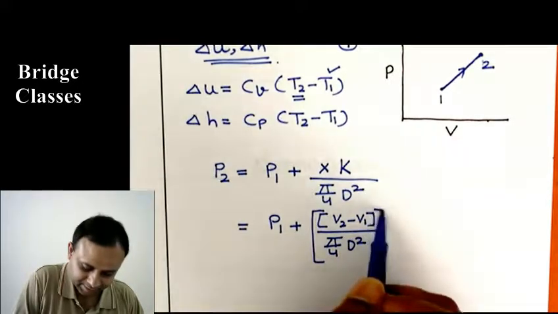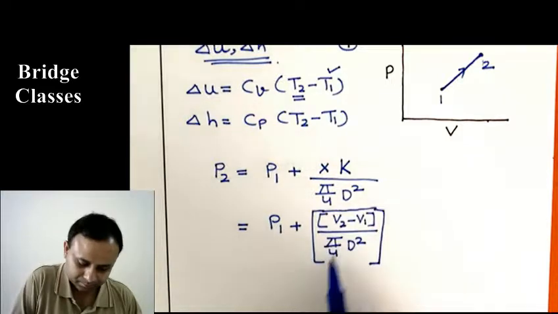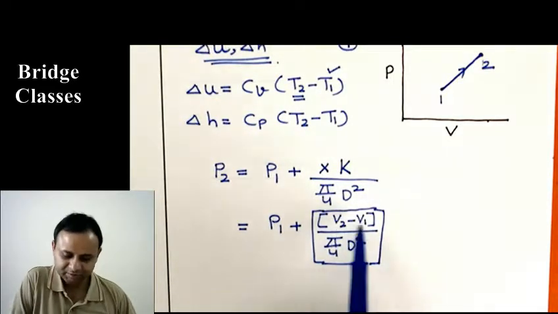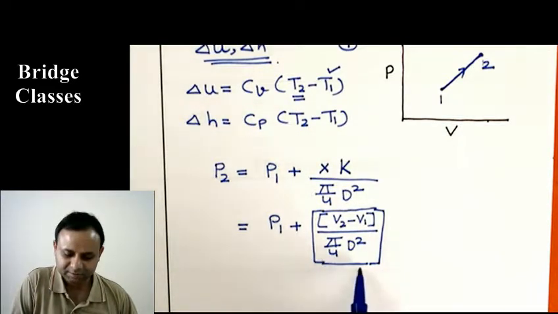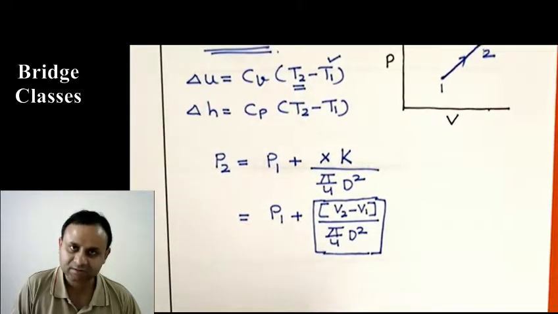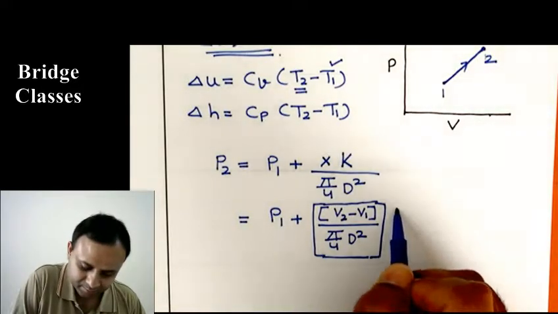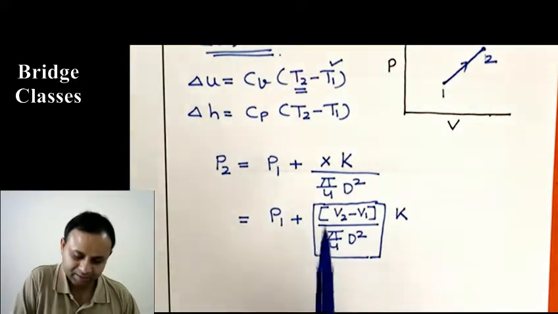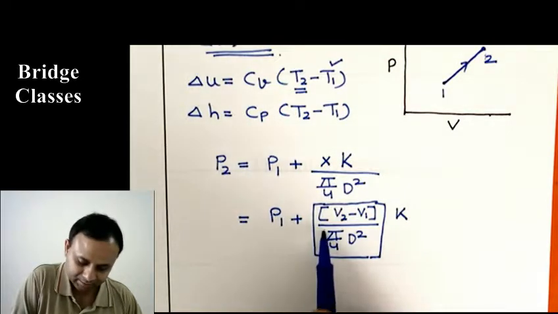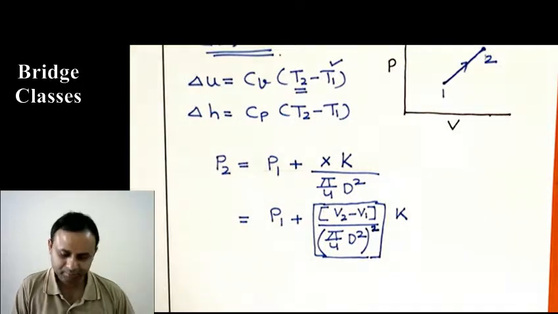So this thing is X, because change in volume over piston surface area is the distance the piston traveled, that is X, the compression of the spring. So this times K, and then we have pi by 4 d square, another term here, so it will become the square of this.